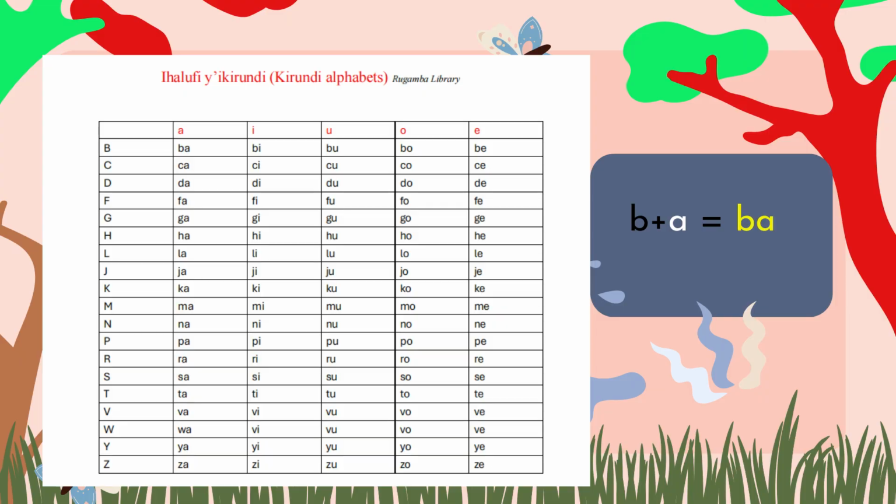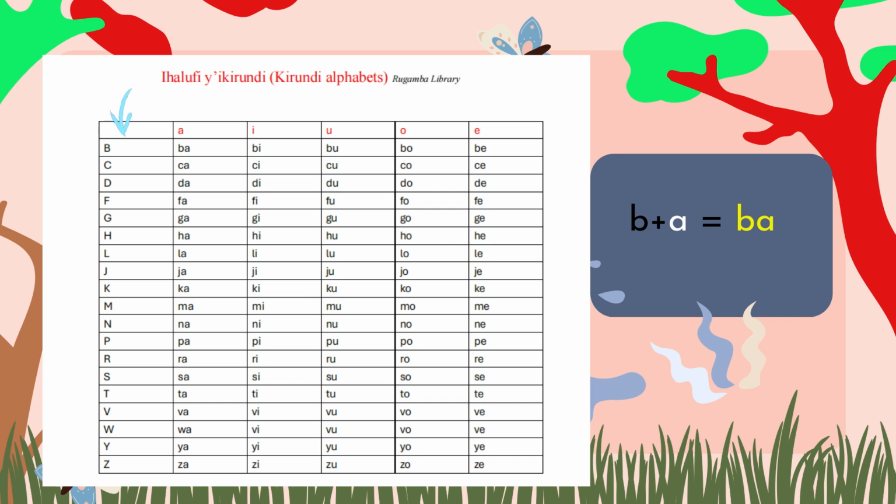In Kirundi, we have the same vowels. As we recently saw how we pronounce vowels, we have A, I, U, O, E. Let's repeat one more time: A, I, U, O, E. Very nice. So how do we say the consonants?